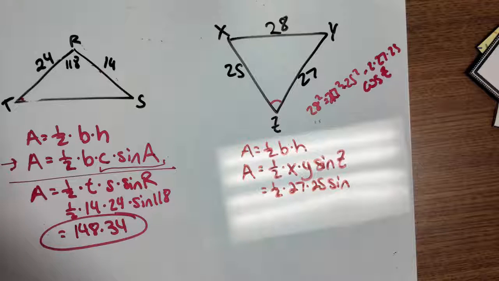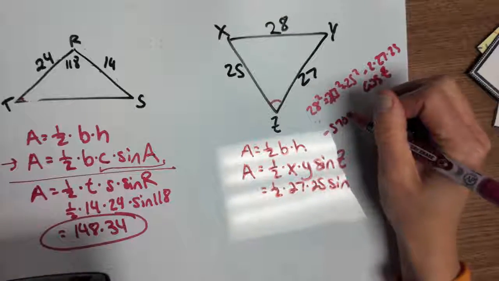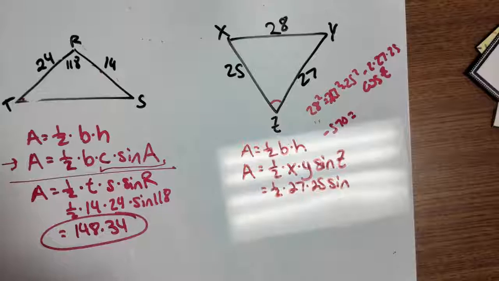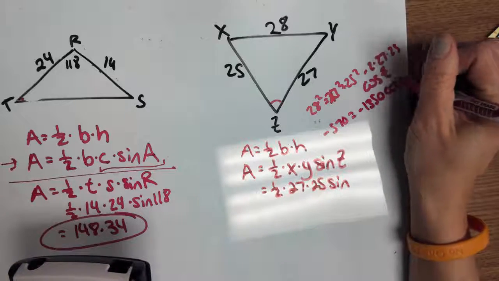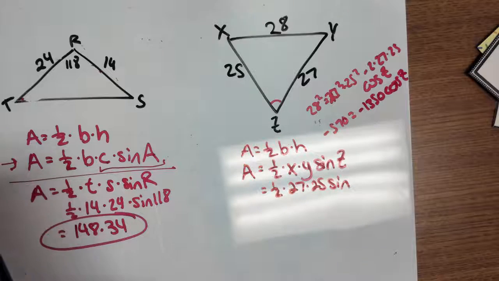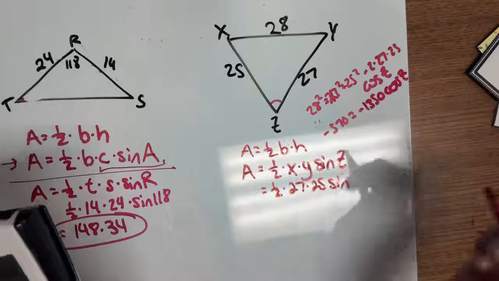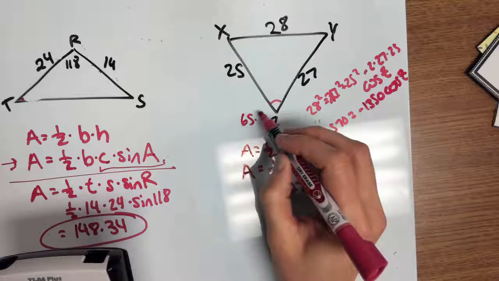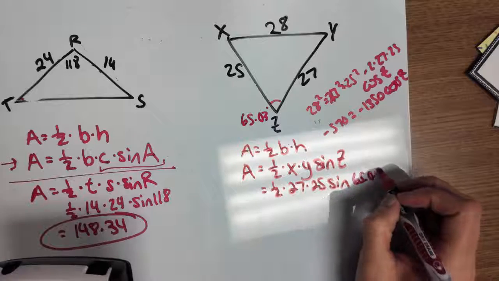So 28, I'm going to do this real quick, squared, it gives me 70, negative 1350 cosine of z. So inverse cosine of 570 divided by 1350 tells me z is 65.03 degrees.